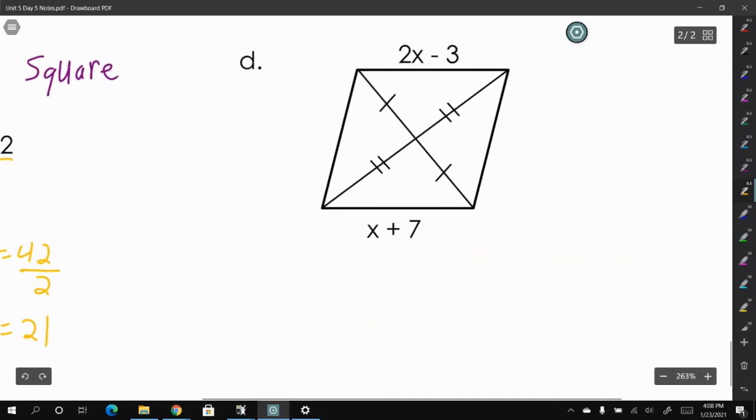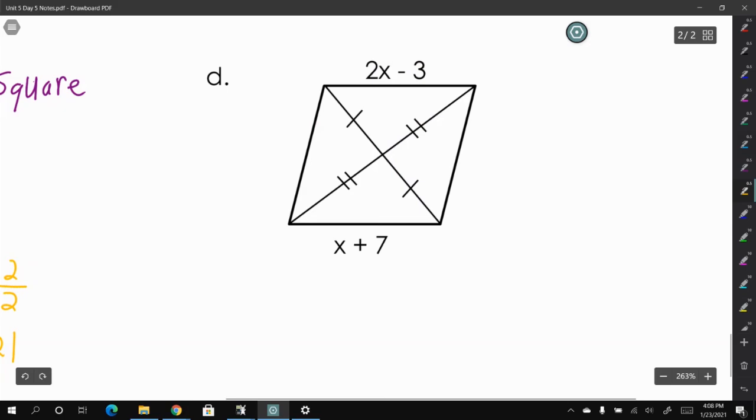And then letter D, the diagonals are not congruent because there's a different number of tick marks here. So we know it can't be a rectangle. We also don't have a box there or something to tell us that that is 90 degrees. So that means this can't be a rhombus or anything like that. So that means this is just a regular old parallelogram.